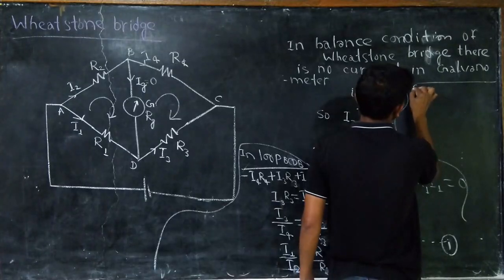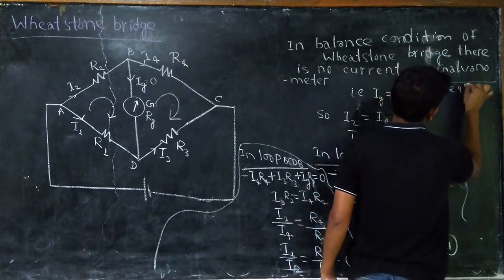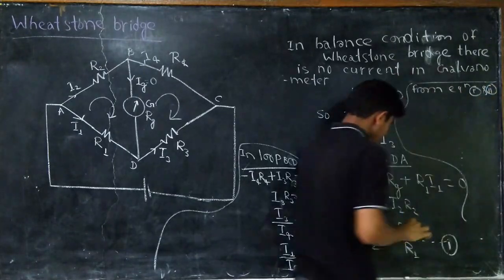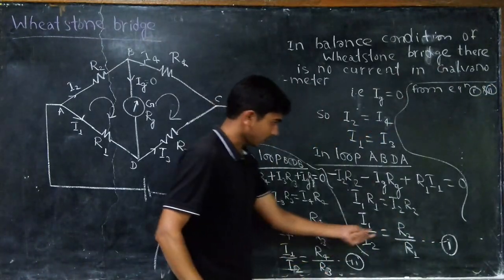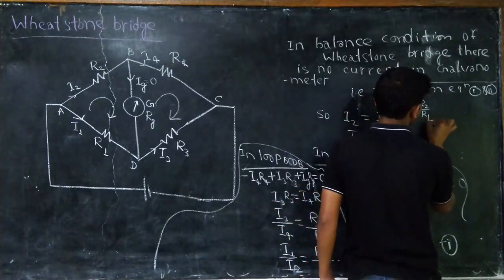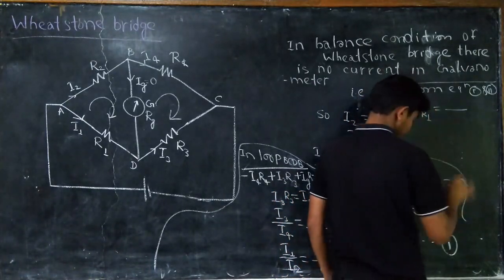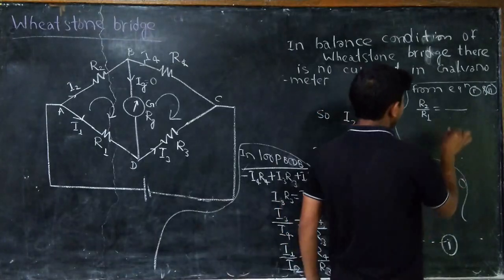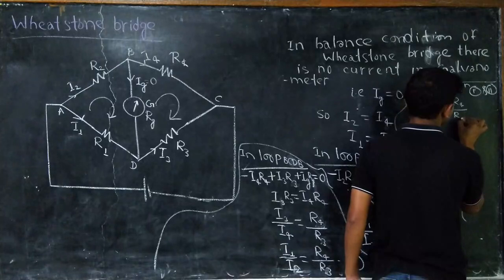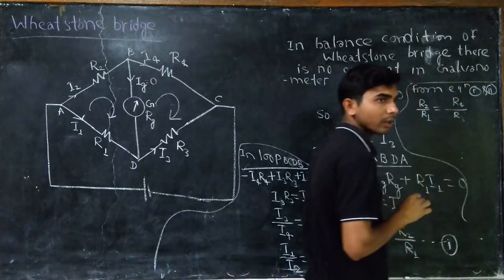So from equation 1 and 2 we can write R2 by R1 is equal to R4 by R3, right?